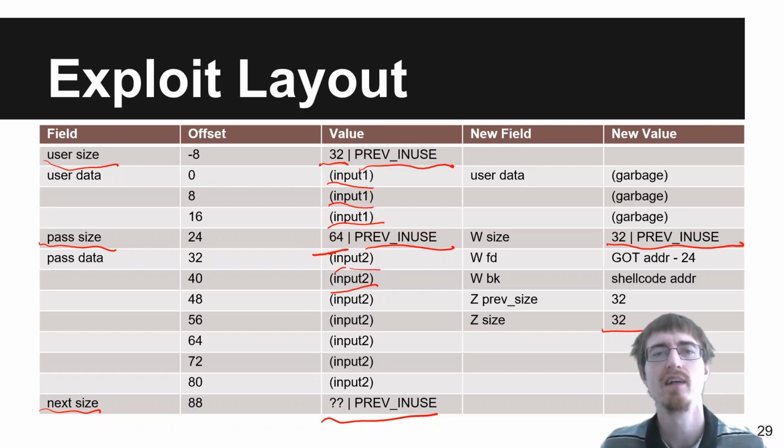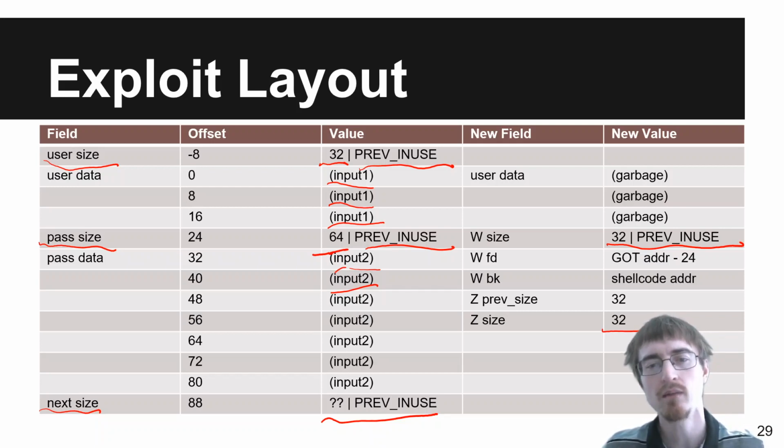At that point, it will use the FD and the BK pointer to remove the block from the free list. Now note that we created this block just now. It's not actually in the free list, but it doesn't matter because dlmalloc doesn't check. There is actually no efficient way to check that because you'd need to go through all the entries of the free list.